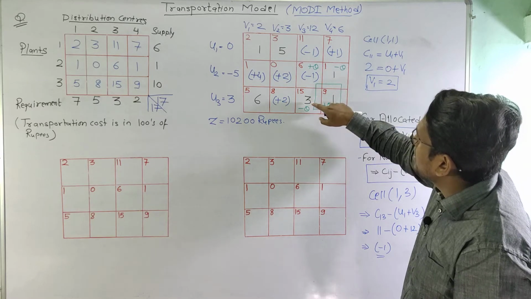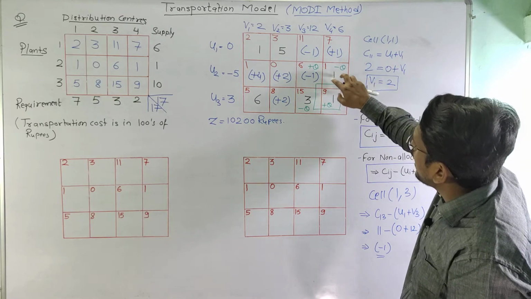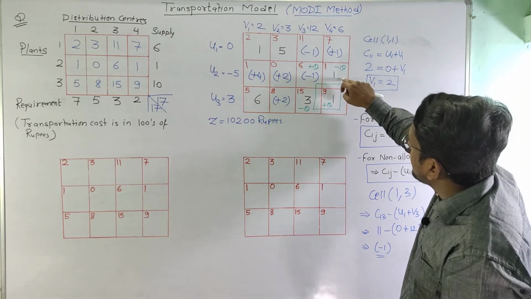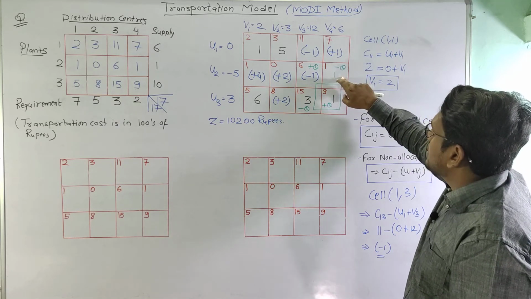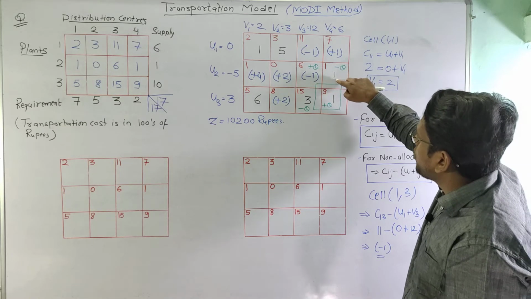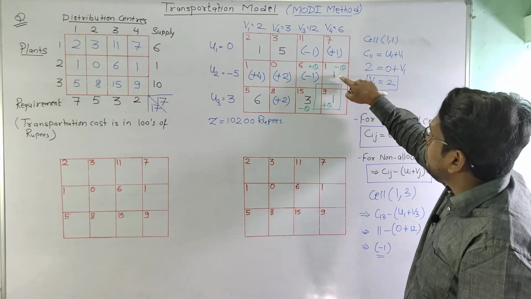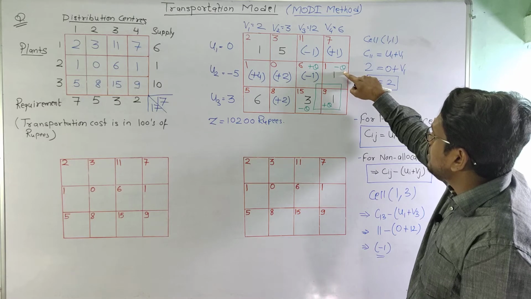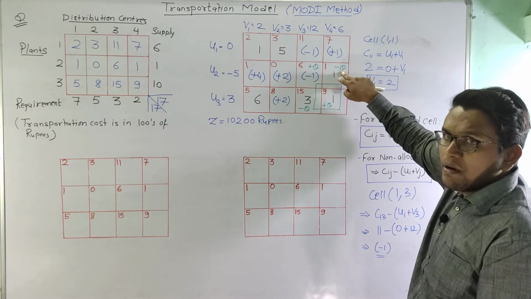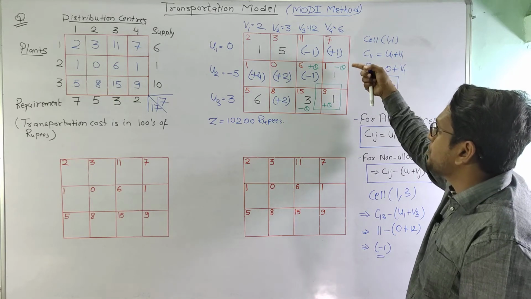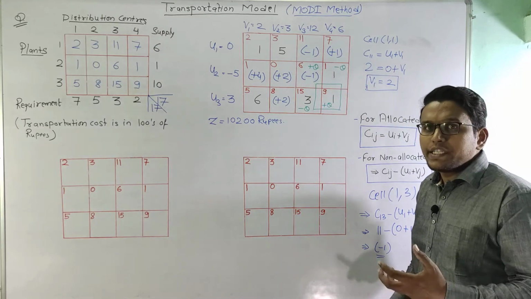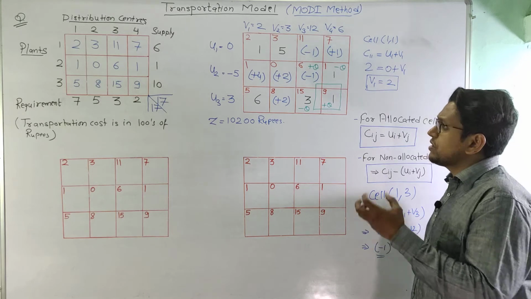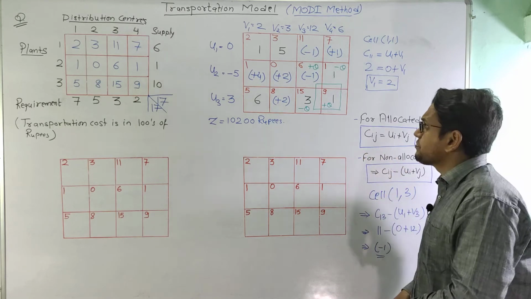But in these two cells, this is 1 minus theta and this is 3 minus theta. Here the value of theta is restricted. In this particular cell, the value of theta is restricted to 1, because 1 minus 1 will become 0, and if I increase beyond 1, this will become negative, which will violate our non-negativity restrictions as per the transportation problem.